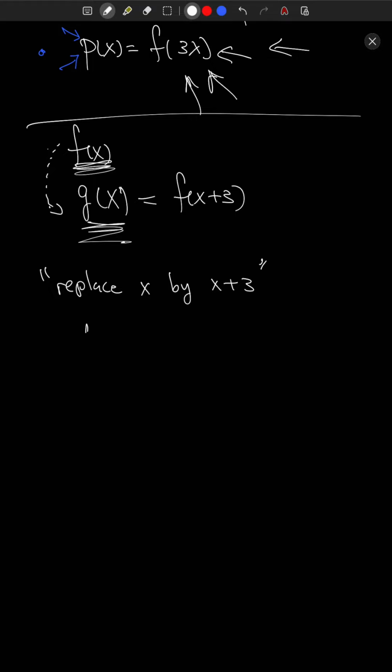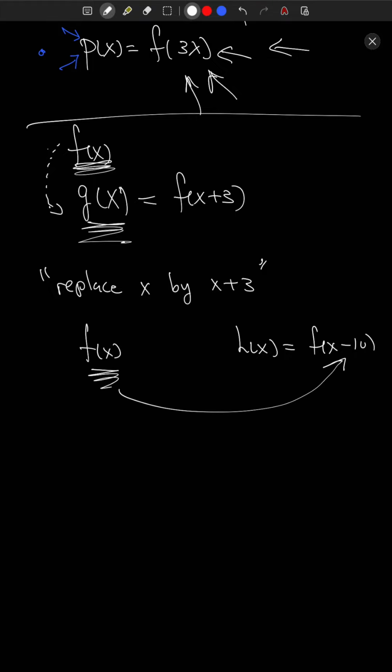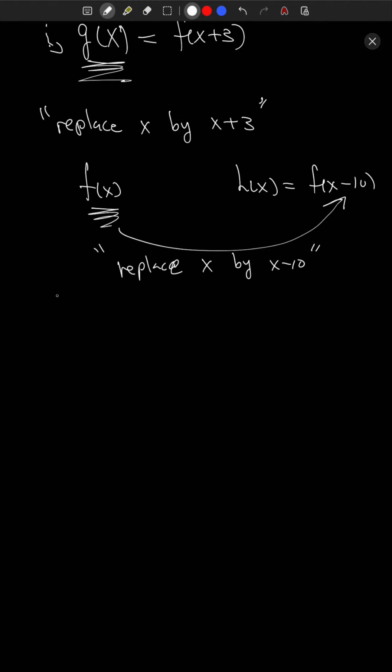All right. So if I have a function f of x and I have another function h of x is equal to f of x minus 10, right? How do I get from this formula to that formula? What I did was I replaced x by x minus 10. Right? And let me give a more concrete example.